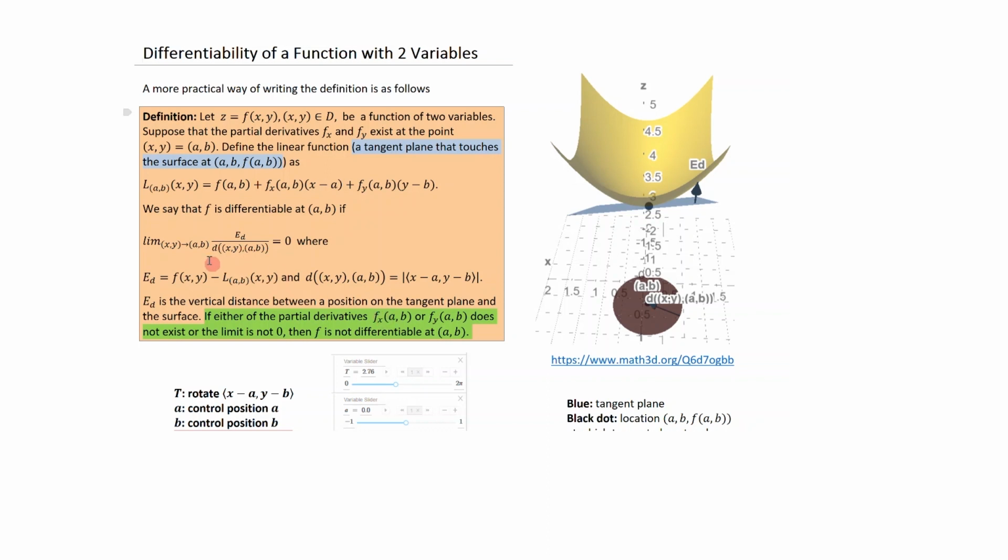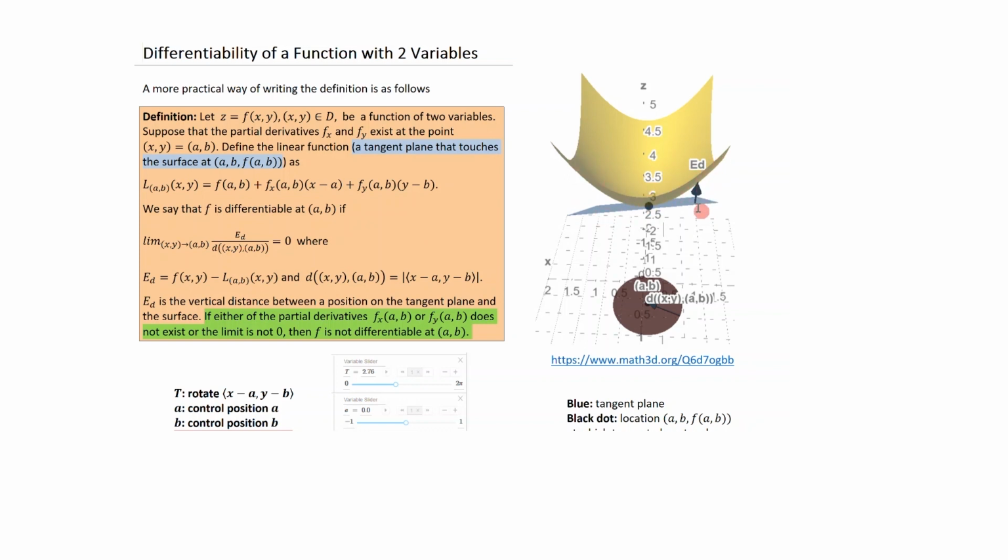This is the difference in the definition when we move to two variables: this distance is not just along the x-axis, but can be on an xy plane between any point in this region and the point of interest. So picture-wise, what does this mean? Here's the tangent plane shown in blue, and here's the surface.